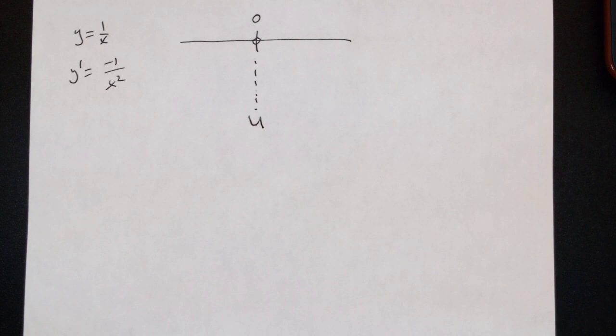All right, one more for you. Clearly not the whole problem. I want to point out something interesting. I talked about horizontal asymptotes. I talked about vertical asymptotes. There are others.